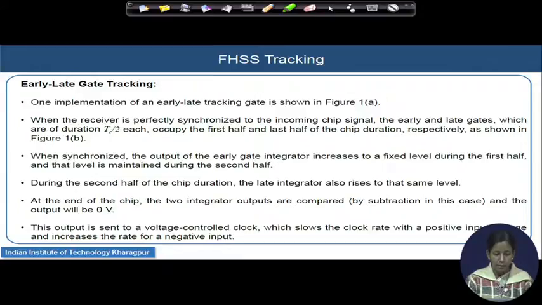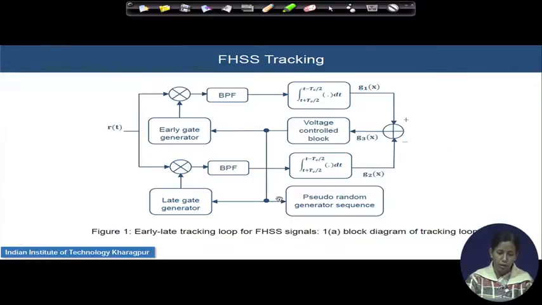And when they are synchronized, after the multiplication and the bandpass filter, the signal enters the integrator for the early gate generator. This integrator integrates for a period of the first half only, and it generates an output called G1x.